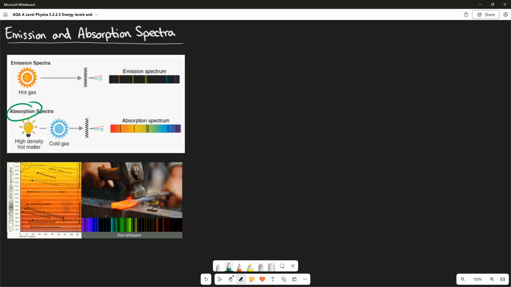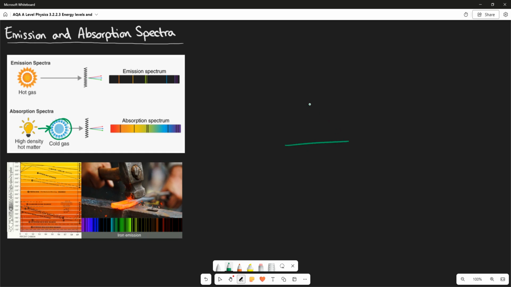An absorption spectrum is the opposite. This is where you have those photons missing from the light. And the way it's generated is that you have a light source, and that light source passes its light through a cold gas. And this cold gas absorbs the energy.